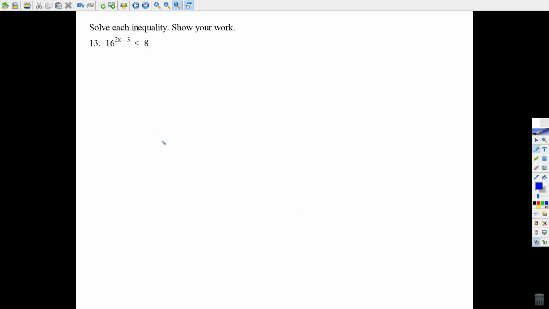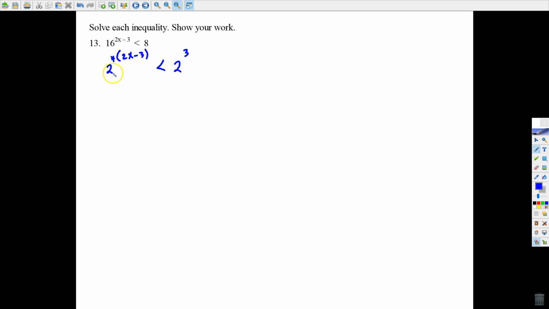All right, 13, solving an inequality. This is going to involve changing these numbers, 16 and 8. We looked at some examples like this previously. We're going to use this common base technique. So I need a number raised to a power that equals 16. That's 2 to the 4th. So I just rewrote 16 as 2 to the 4th. And since I used 2 as a base over here on the left side, I'm going to also use 2 as a base on the right.